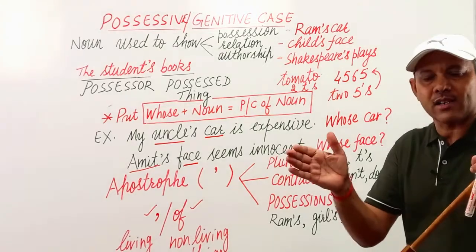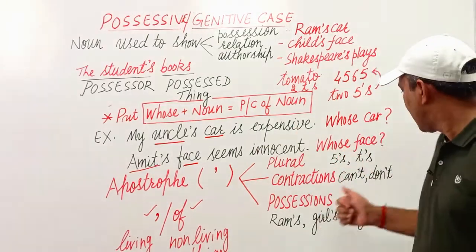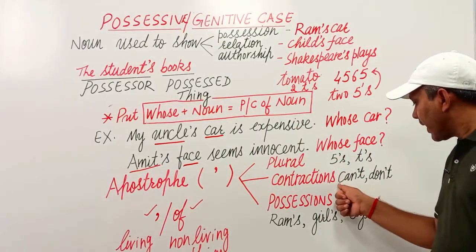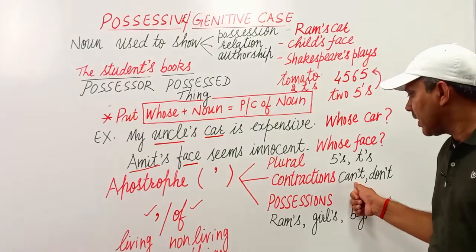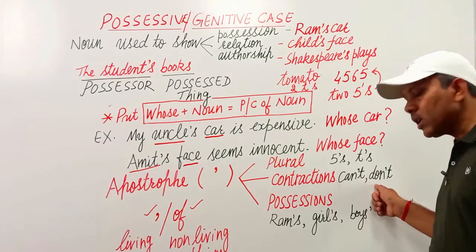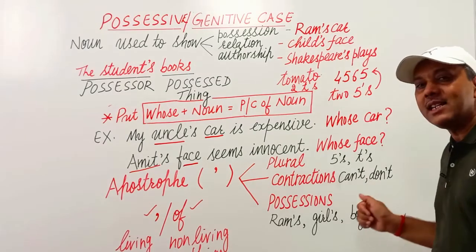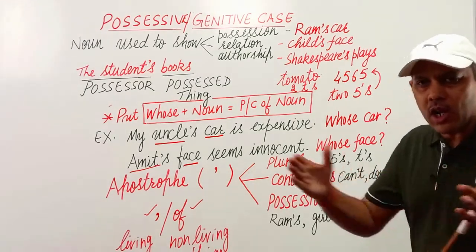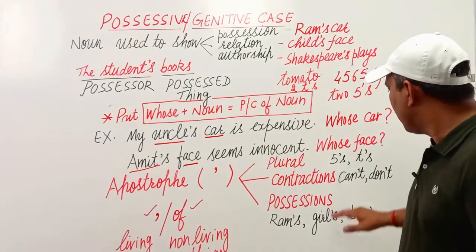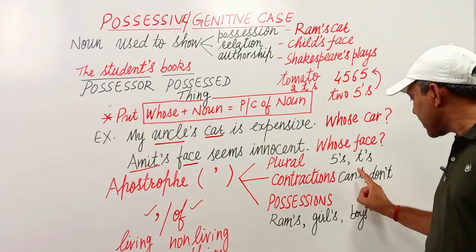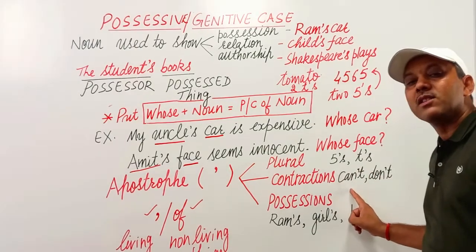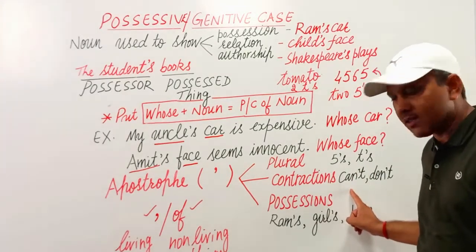When we contract some words, for example, cannot is written as can't in contractions, or do not is written in don't form. So many other words are also there which are written in contracted forms. We use apostrophe to make contraction of some words.